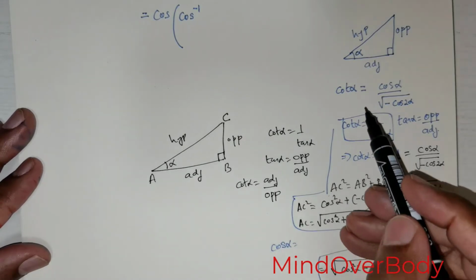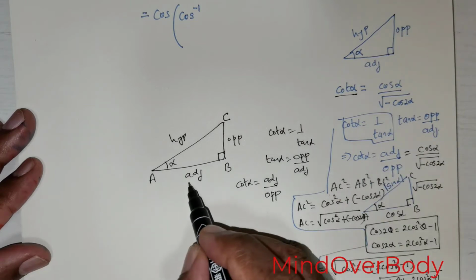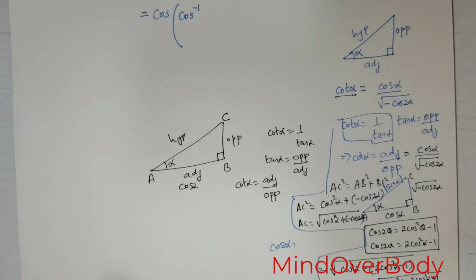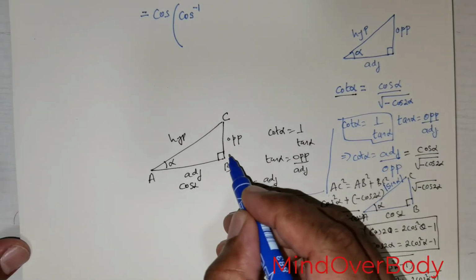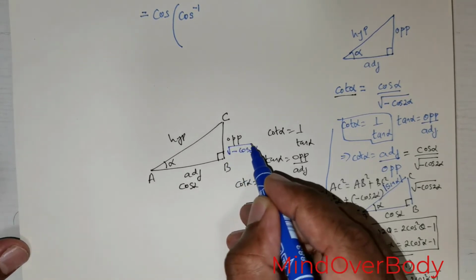So in place of adjacent side I need to place cos alpha, and over here it is going to be square root of negative cos 2 alpha.